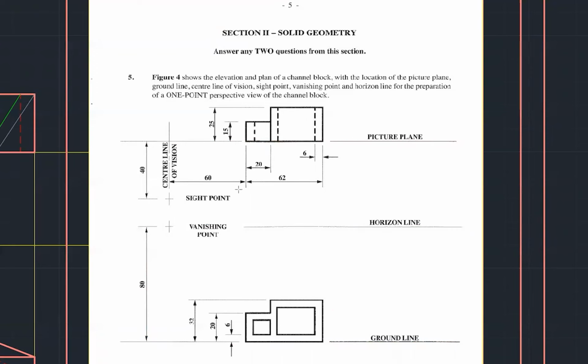Now, what about this sight point here? This sight point is approximately 60 millimeters to the left of the object, and located 40 millimeters down from the picture plane. That is how we find this sight point.